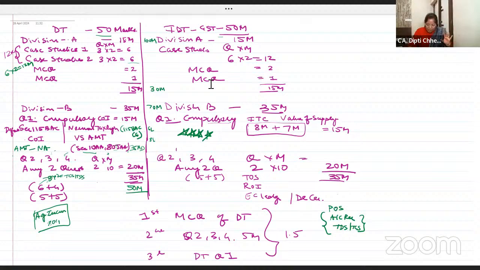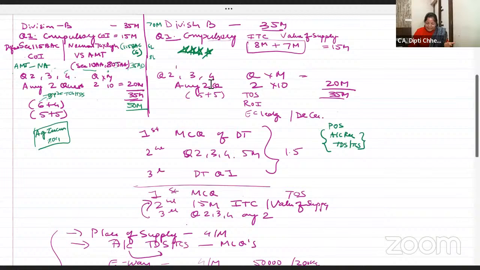Now, choice. My suggestion is first you start with MCQ so that at least 15 marks you are confident. Then in DT you can pick up any 2 questions out of 2, 3, 4 which you know for 20 marks. Then you can do question number 1. Like in flow DT is over.